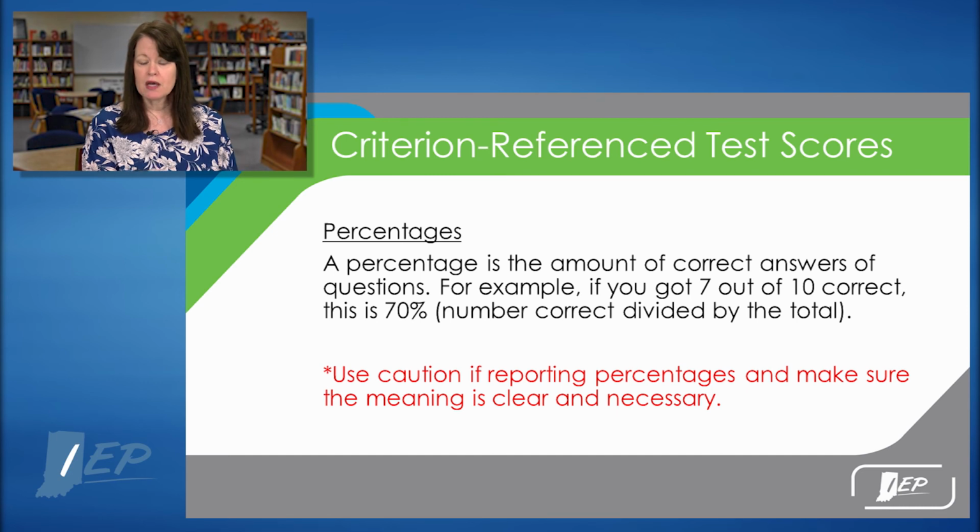For example, you may give a reading comprehension test and be able to tell how a student did overall, and maybe you'll have a standard score or a scaled score to reflect that.